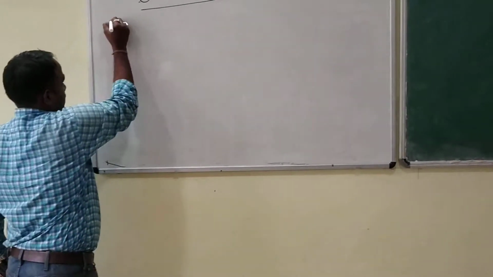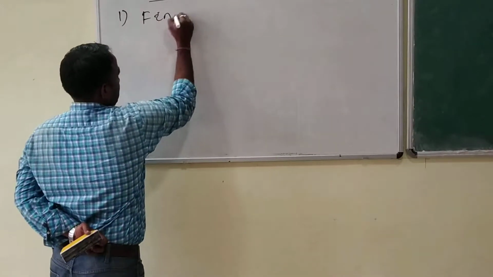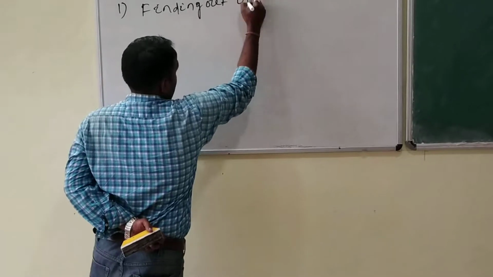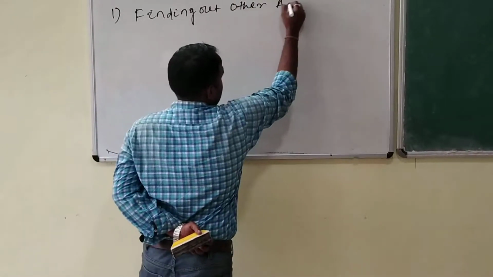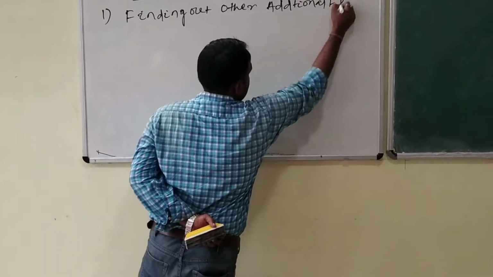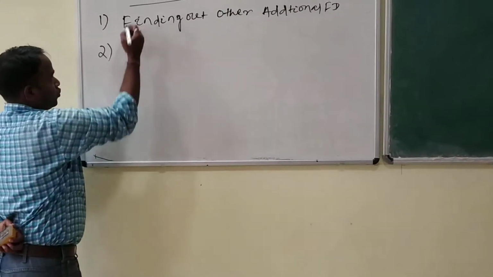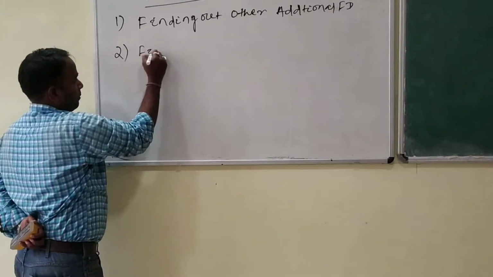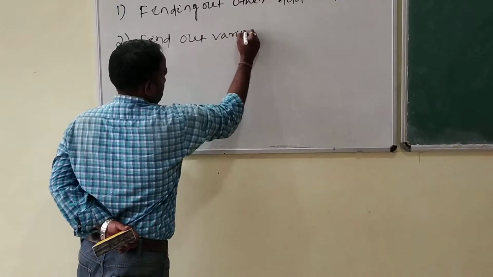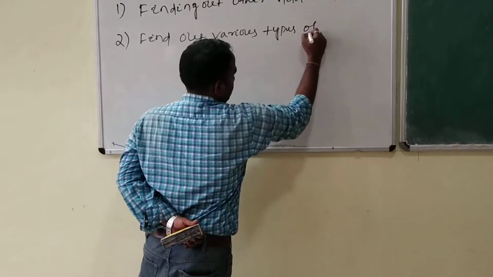First, we can use functional dependency for finding other additional functional dependencies. I will explain what this means. Then through functional dependency we can also find various types of keys.